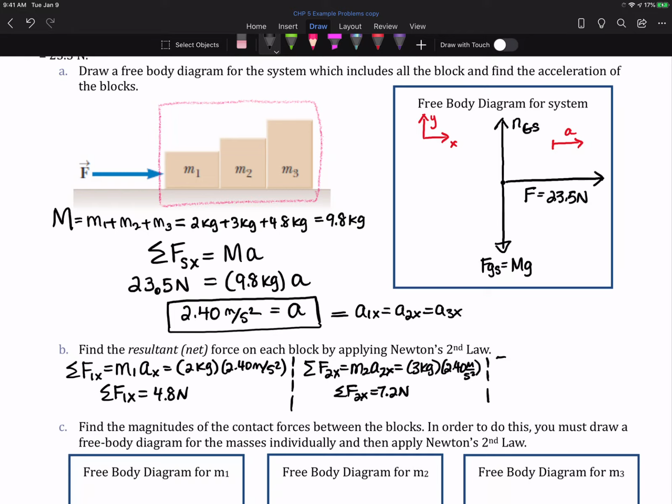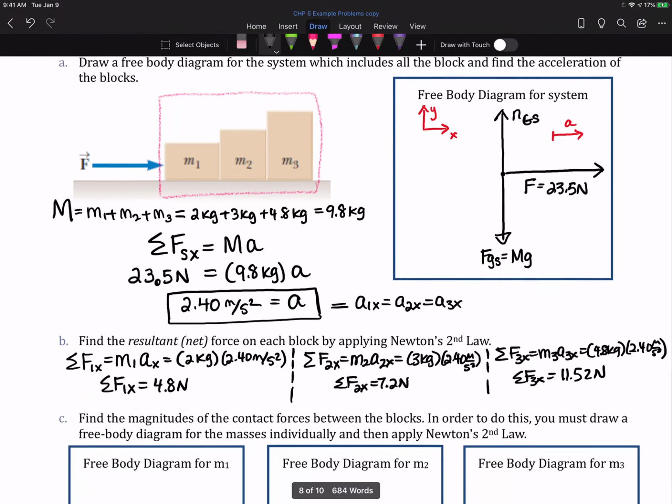And then finally, the net force on mass 3 is going to be the mass of 3 times the acceleration of 3 in the x direction, which is 4.8 kilograms times 2.4 meters per second squared. So the net force on object 3 is 11.52 newtons. So the greater the mass, the greater the net force, because they all share that same acceleration.